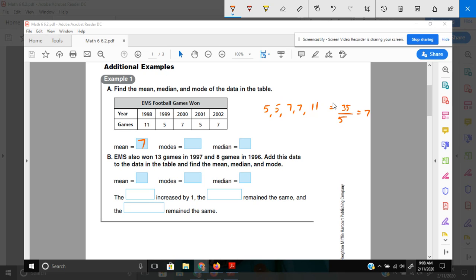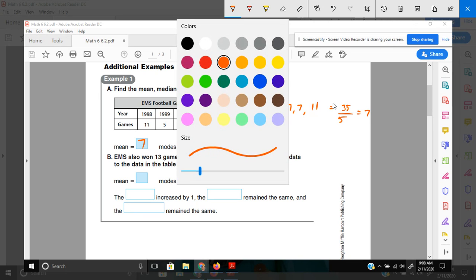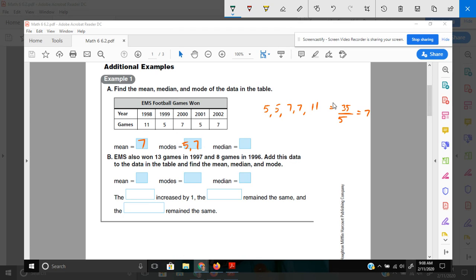So my mean or my average is 7. The modes, the numbers that occur the most, well, 5 occurs twice, and so does 7, so I'll include both of those. And then the median, to find the middle, subtract 1 from the bottom and 1 from the top, and 1 from the bottom and 1 from the top, and my middle number is 7.